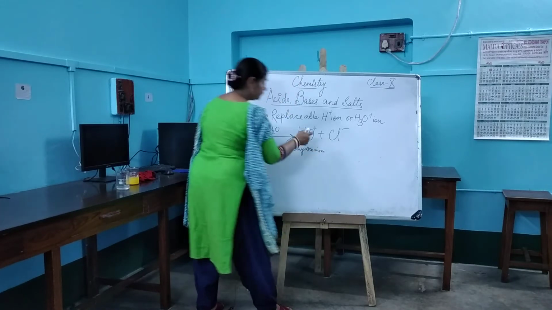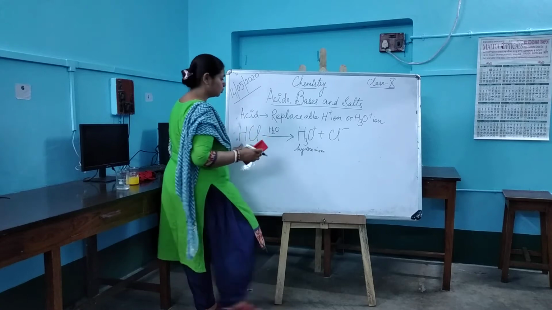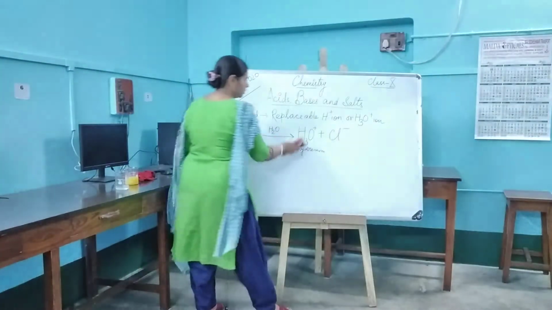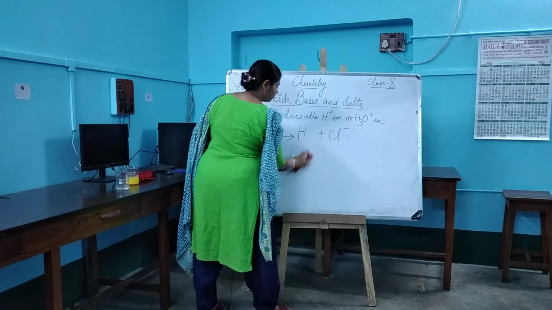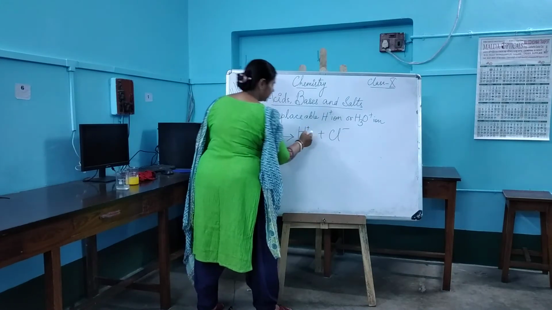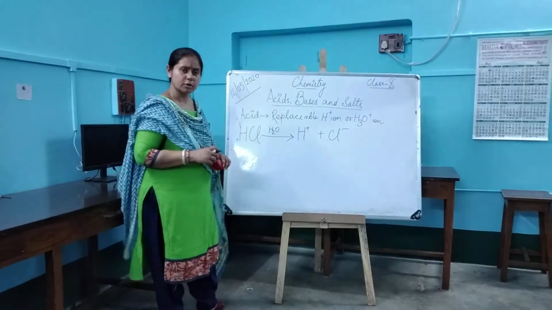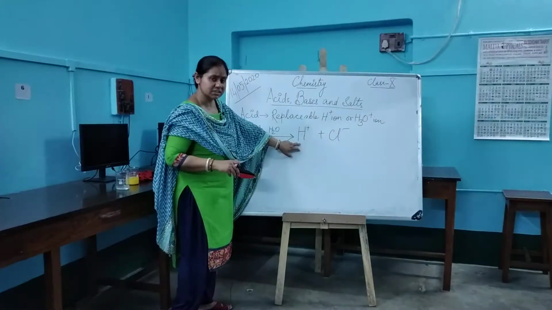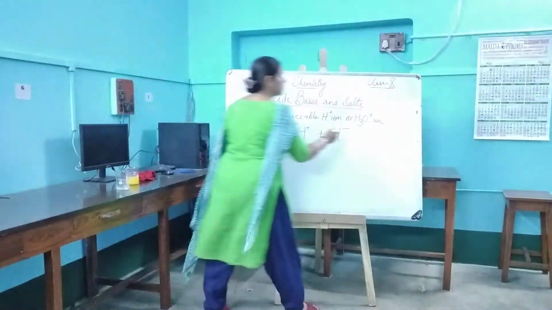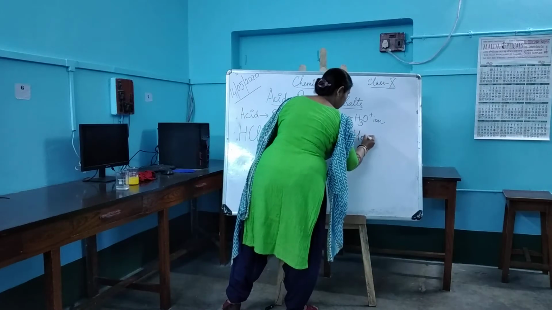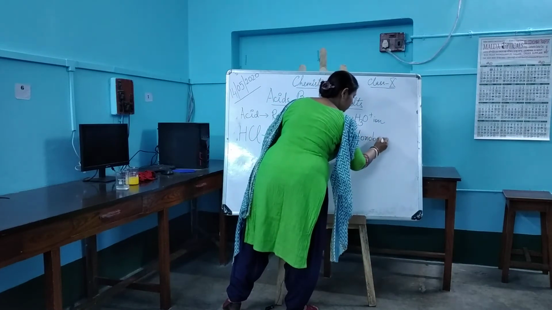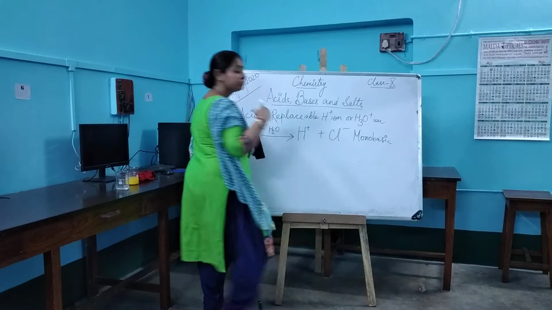If you look carefully, it has only one replaceable hydrogen, so we represent it in this format. Only one replaceable hydrogen, so this is monobasic.